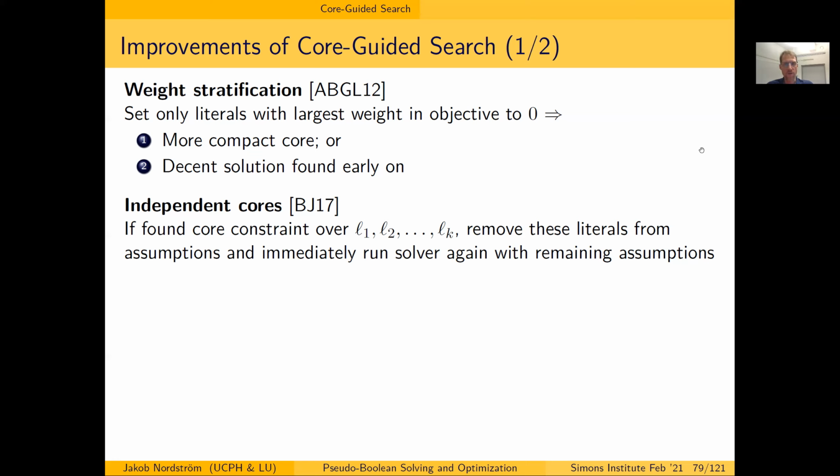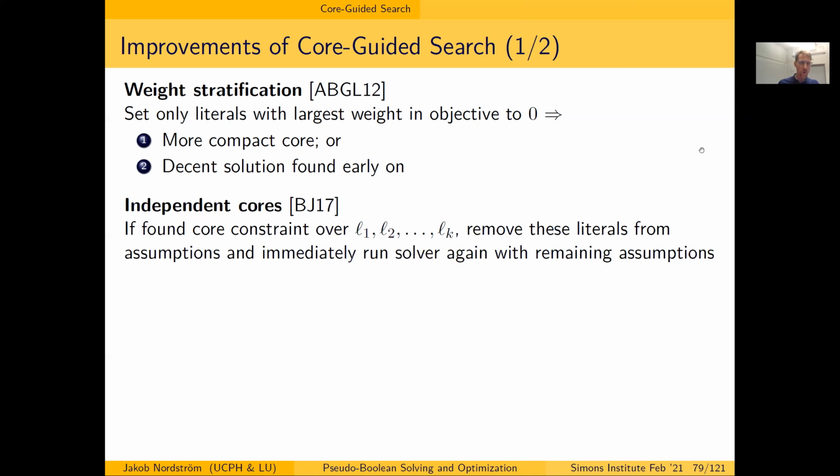What about the other ones? Maybe there are other connections between the other literals that we have not explored. So let's just remove L1 up to LK from the list of assumptions, assume the other literals to false, and run the solver again with these remaining assumptions.